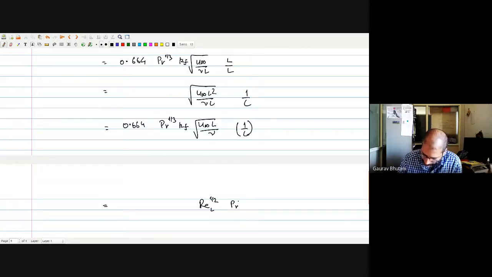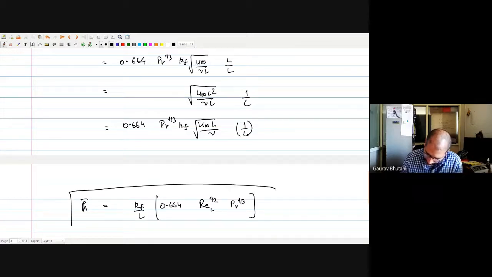We still have a Prandtl number to the power 1 by 3, and then we have 0.664, and then I'll write kf by L separately, and this is h bar. Remember, this was h bar.